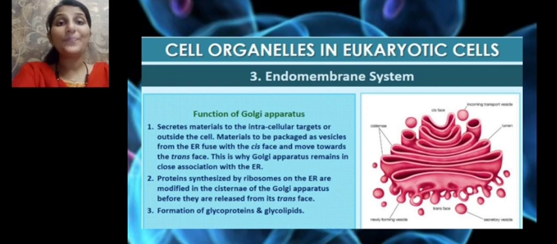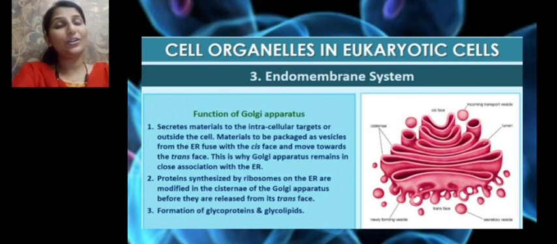That is why I told you that it is seen in close association with the endoplasmic reticulum. Substances released by the endoplasmic reticulum are packaged in the form of vesicles, pass through the cis phase and are released out through the trans phase. And the protein synthesized by the ribosomes of the endoplasmic reticulum has to undergo modification in order to be functional. This modification is done in the cisternae of the Golgi apparatus before they are released from the trans phase.